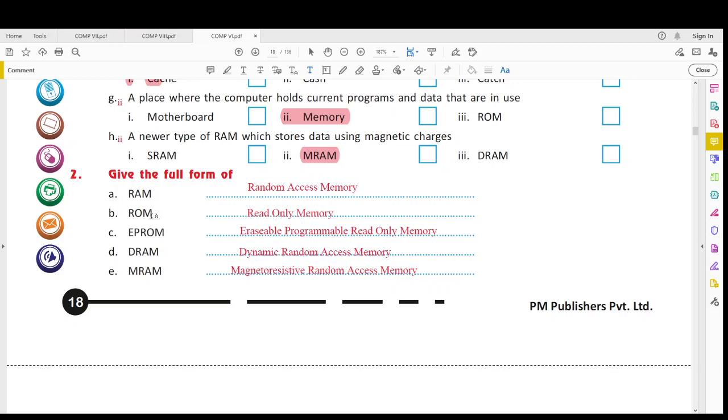And the variants of ROM, that is EPROM, is a variant of ROM. That is erasable, programmable, read-only memory. DRAM, it is dynamic random access memory. MRAM, magnetoresistive random access memory.